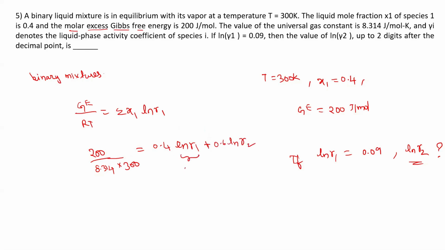This is already known, 0.09. Now this is what is unknown, and from it we can easily calculate that ln gamma 2 is equal to 0.0735.